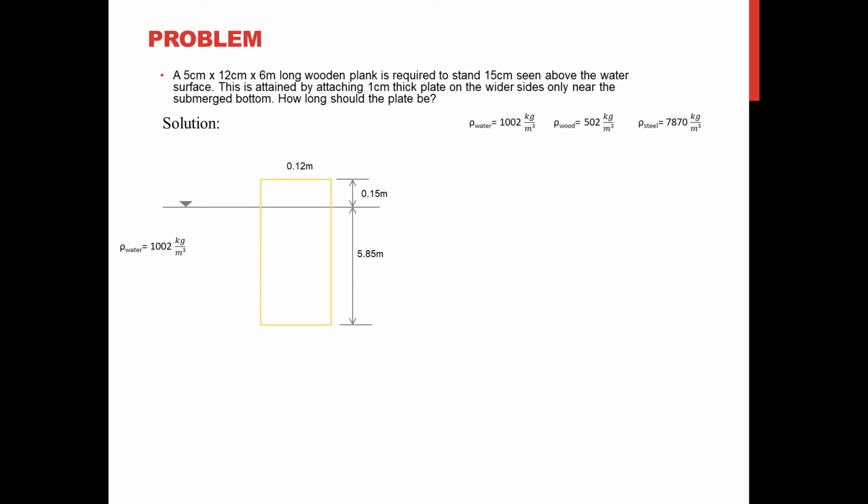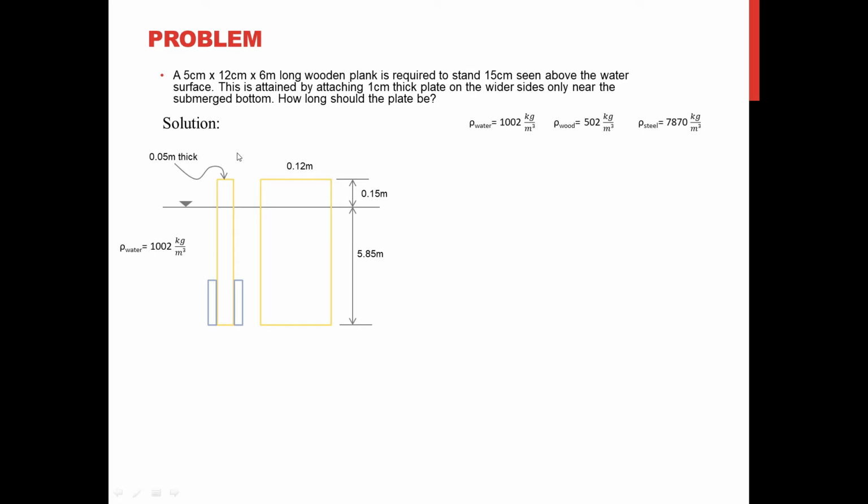So we also need to indicate the width of the plank for the computation of volume later. And the side view will have the thickness equal to 0.05 meter thick. And then this blue here, rectangular plates, a steel material.